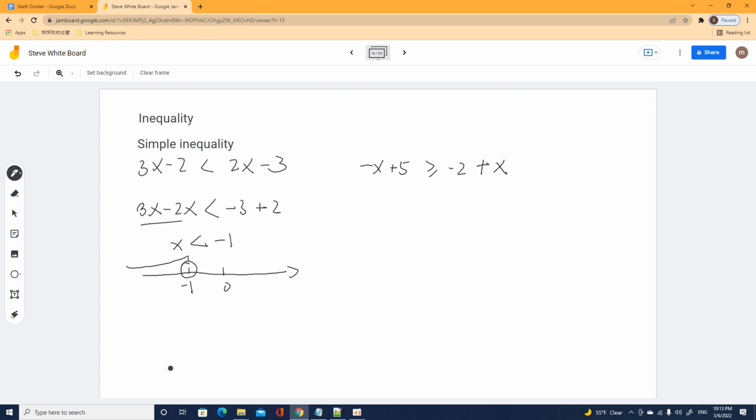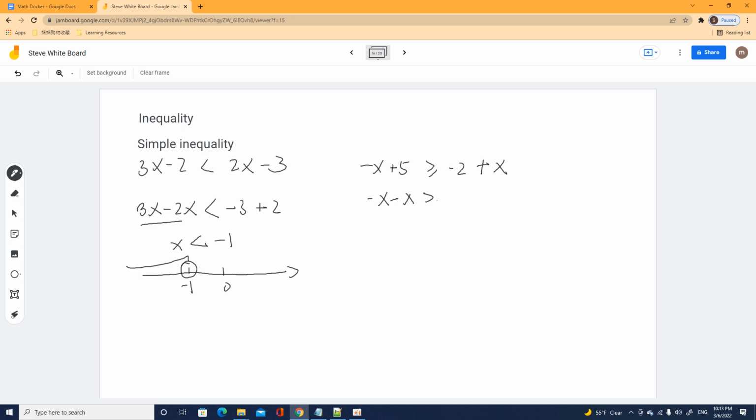Similar thing. We move all of the variables to the left side. We move the constant numbers to the right side. Do it. When you move the x to the left side, it becomes negative x.